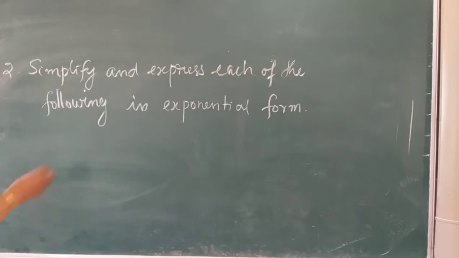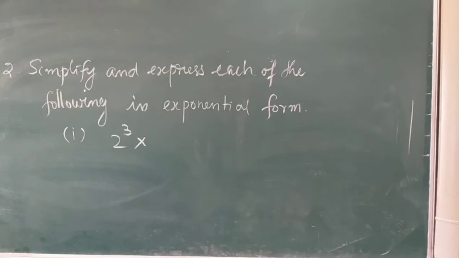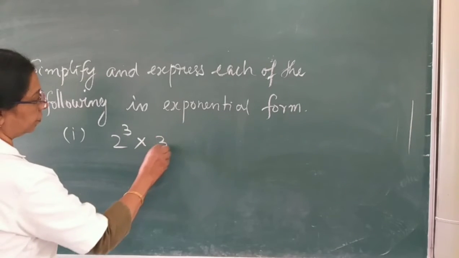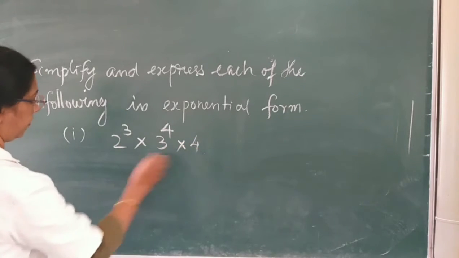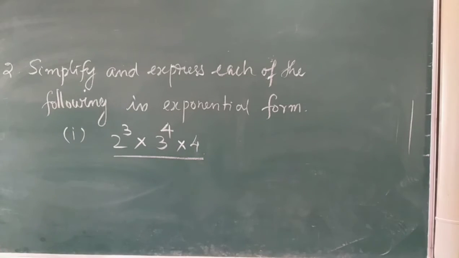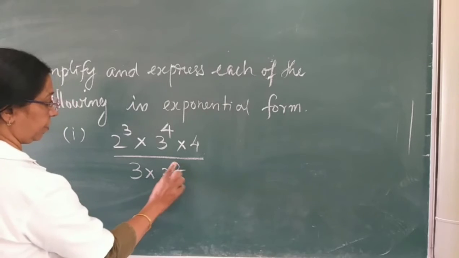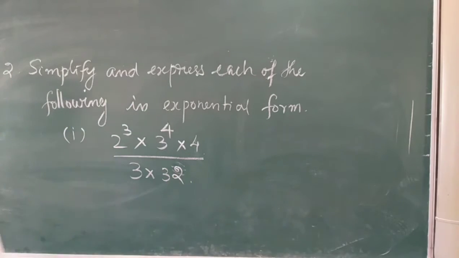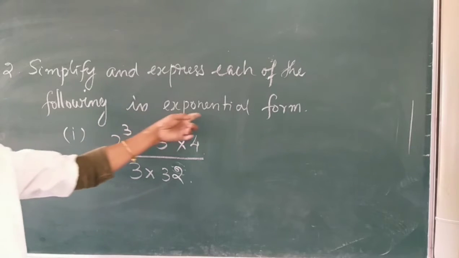First question: 2 raised to 3 into 3 raised to 4 into 4 divided by 3 into 32. We want to simplify this and express it in exponential form.